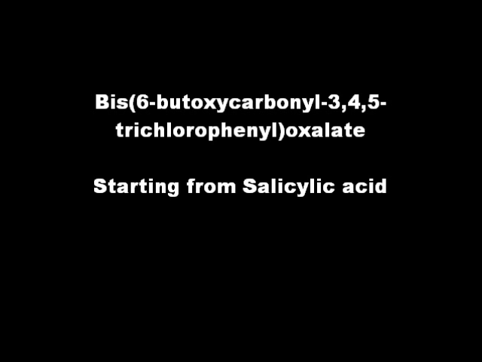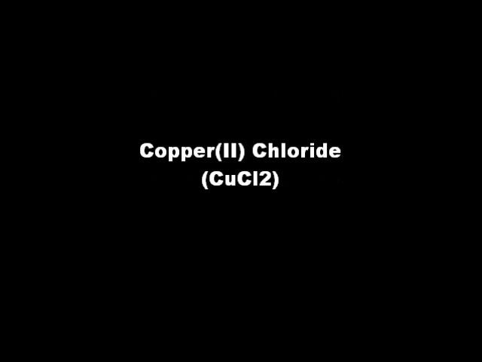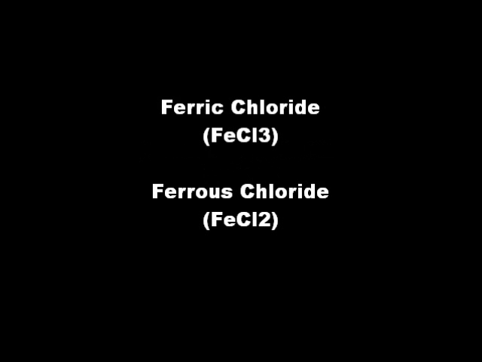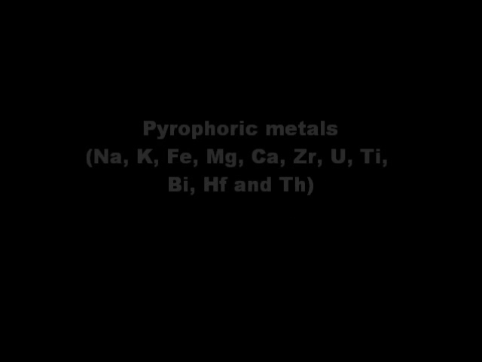I am also gonna demonstrate a reaction between copper(II) chloride, hydrochloric acid and aluminum to make some very beautiful reactions. I'm also going to show how to make the copper(II) chloride, how to make both ferric and ferrous chloride, and sodium oxalate. I'm also going to show how to make pyrophoric metals.